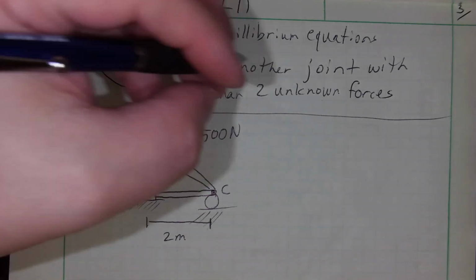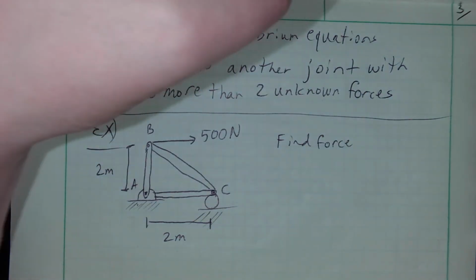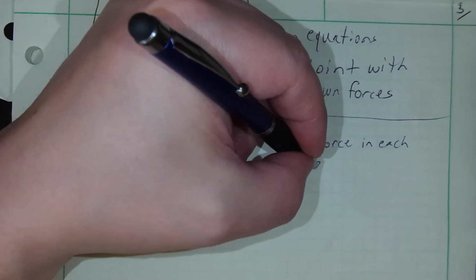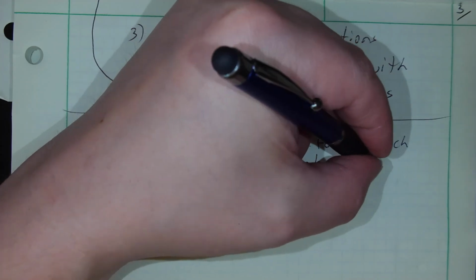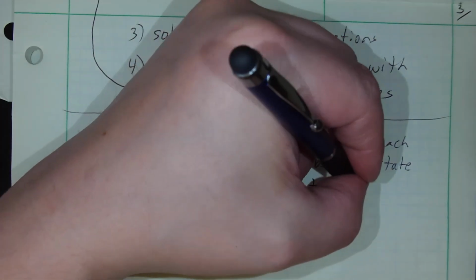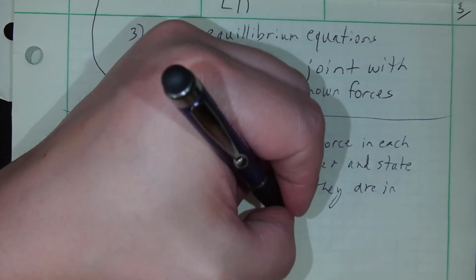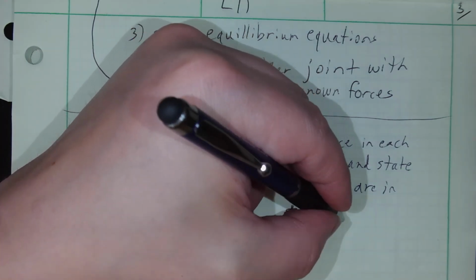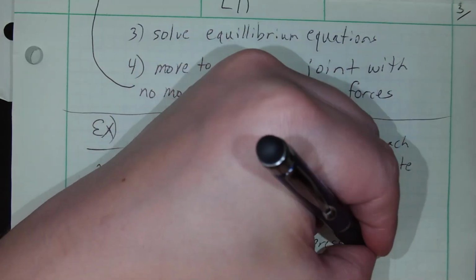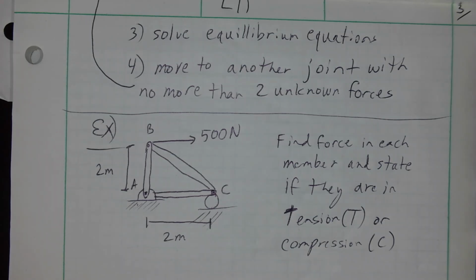And the problem is going to ask, find the force in each member and state if they are in tension, well, you can just call that T, or compression, we'll call that C. And I'm looking at my time.